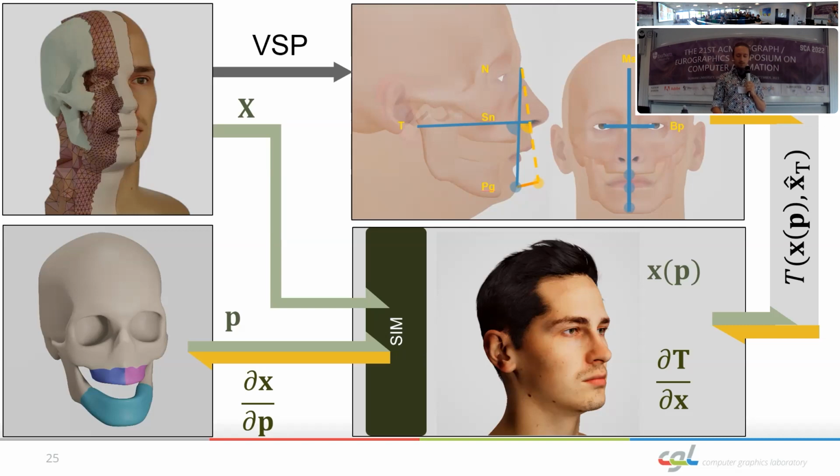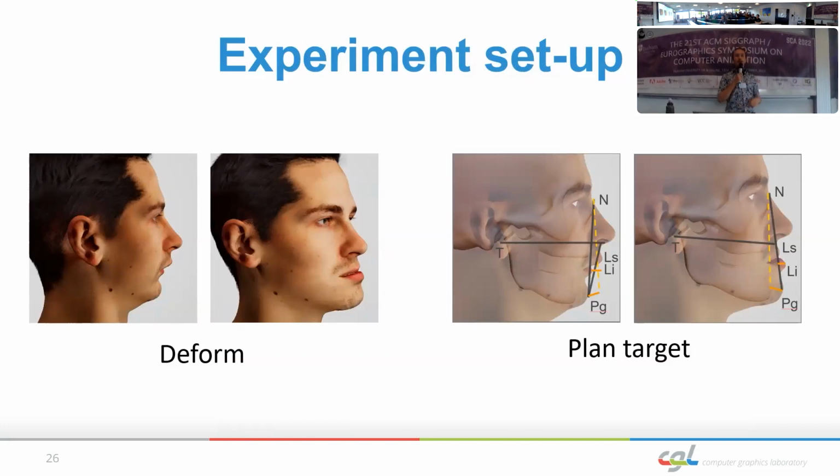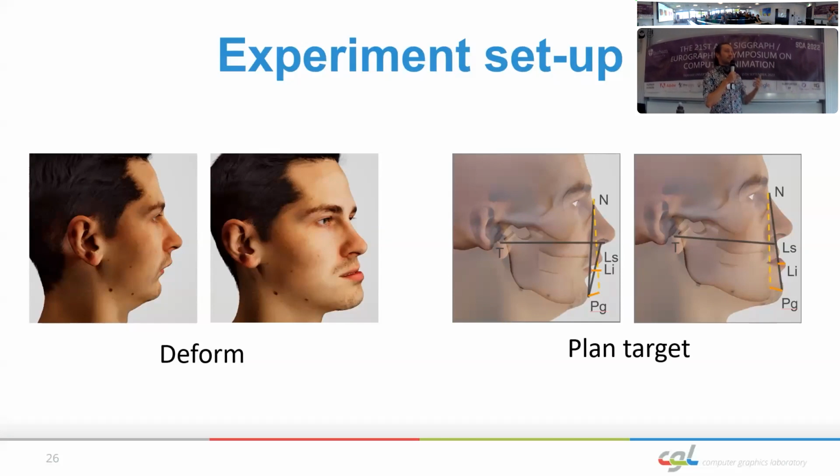So what we've done is we've created artificial deformed meshes and done that with surgeon supervision to mimic the common malocclusions. And then with a different surgeon's help, we have planned what the surgical goals should be.